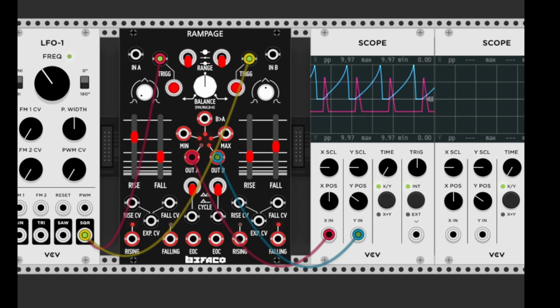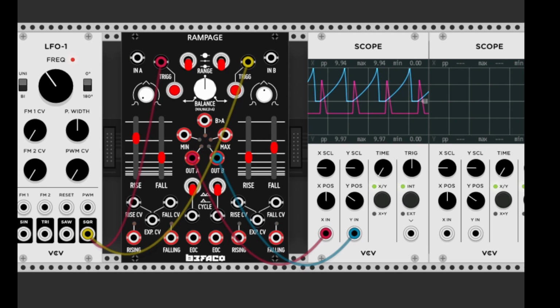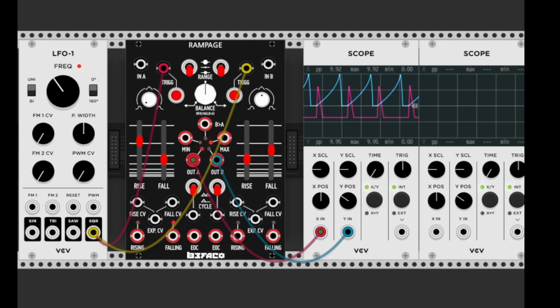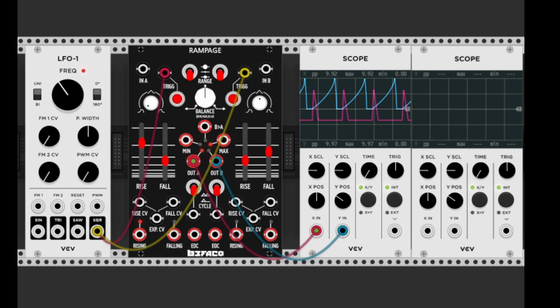Okay, yeah, a little bit. I think that will be okay. So what you see is the blue line is what the envelope A produces, the CV envelope A produces here, and the pink line is what envelope B produces.